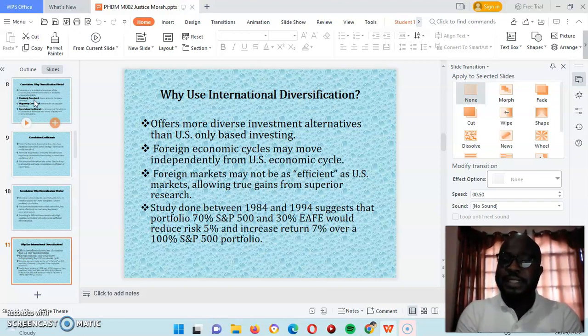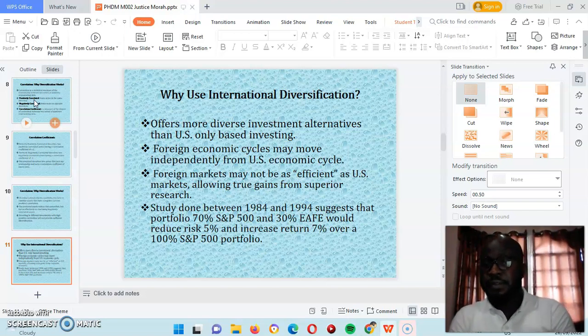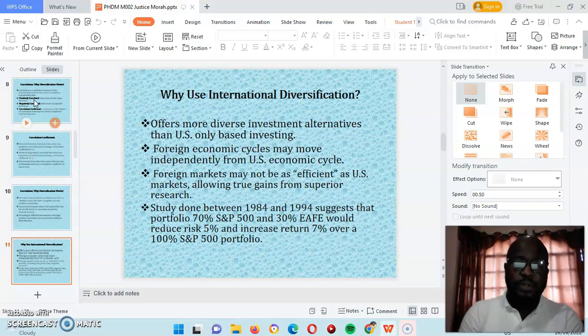A study done between 1984 and 1994 suggests that a portfolio of 70% S&P 500 and 30% EAFE will reduce risk and increase return 7% over a 100% S&P 500 portfolio.